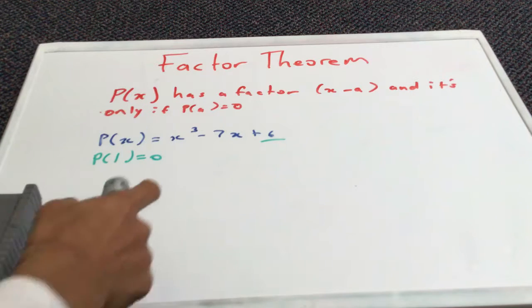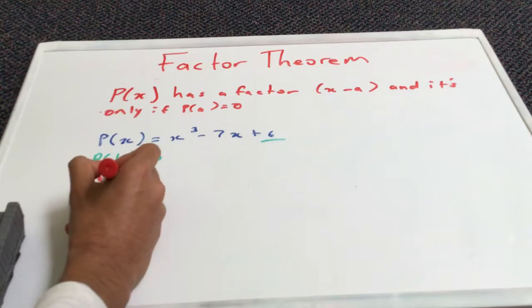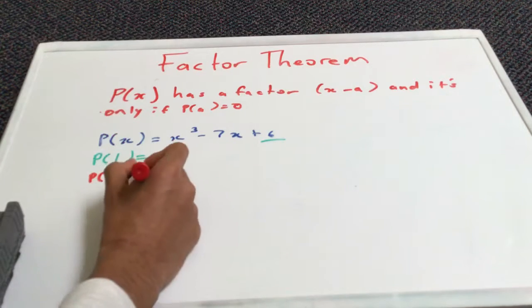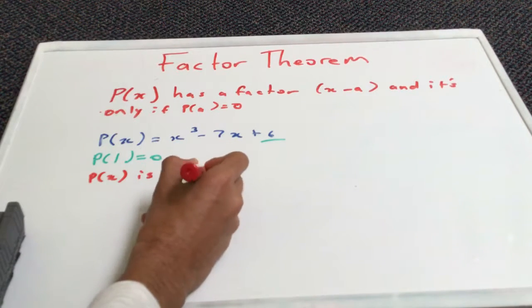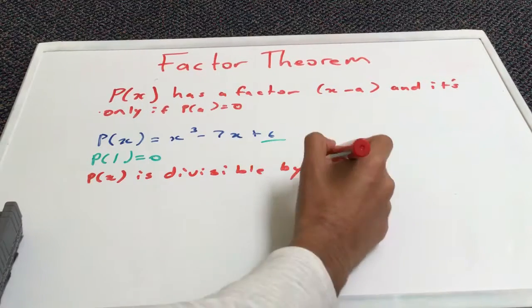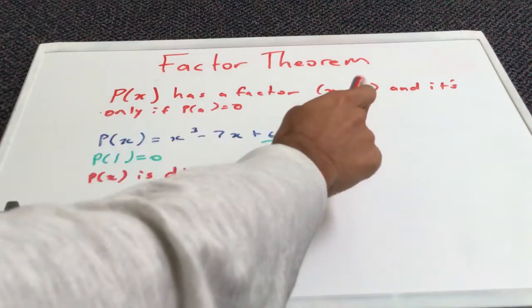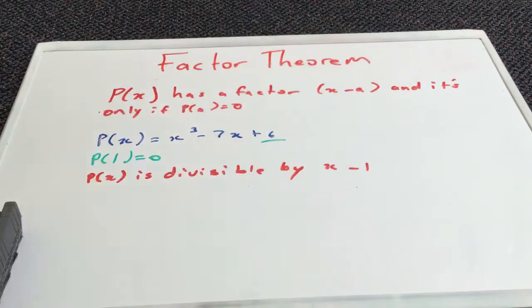And now p of 1 is equal to 0, and we know p of x is divisible by x minus 1. And that's why we wrote here x minus a and p of a.